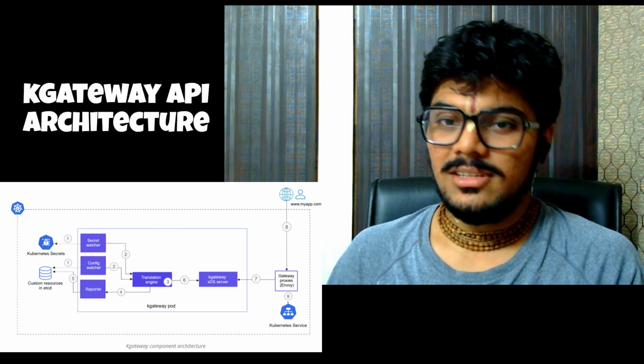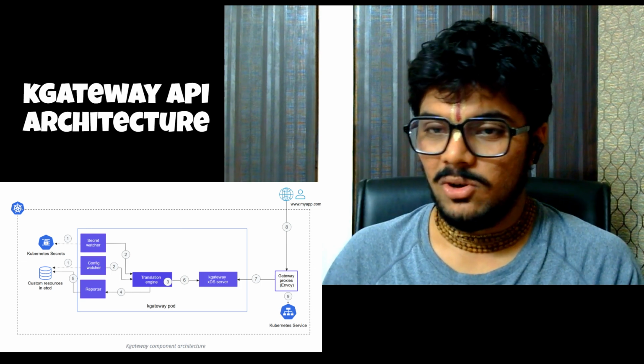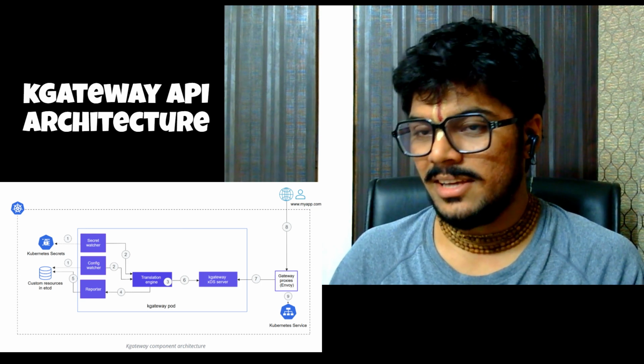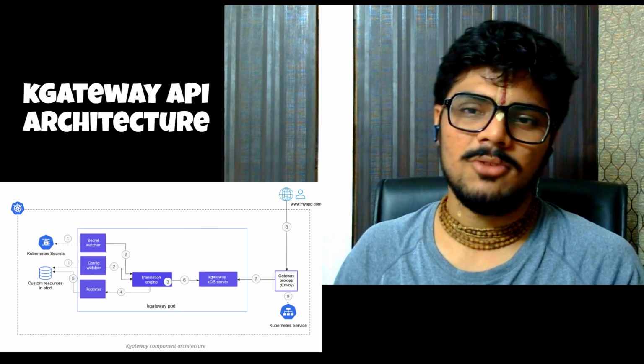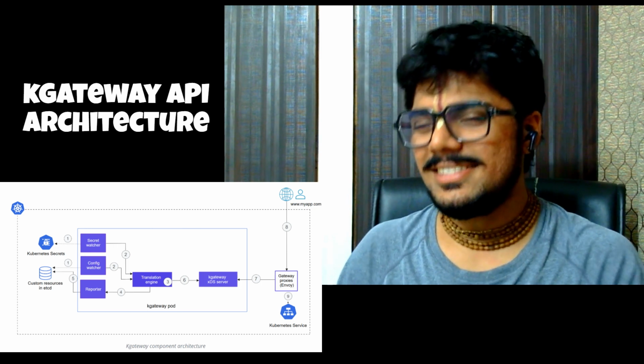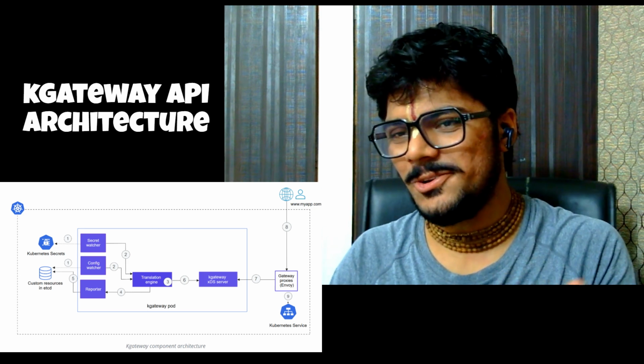The kgateway proxy uses the listener and route-specific configurations provided in the XDS snapshot to perform routing decisions and forward requests to the destination in the cluster. That's the major definition provided on the documentation page.